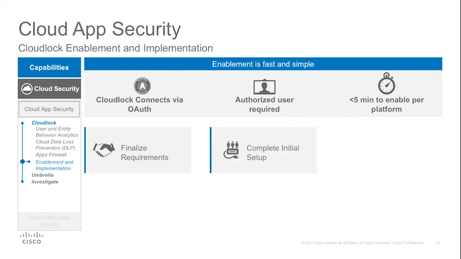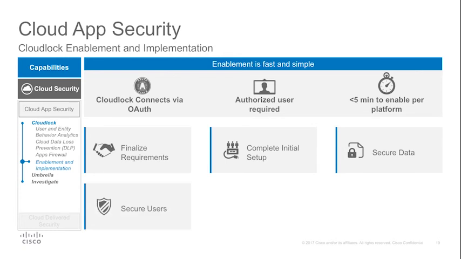Second, initial setup is required for identifying CloudLock administrators, determining personnel and technical requirements, gaining access to CloudLock resources, and logging into CloudLock. After setup, secure data by setting up initial policies, reviewing and testing policies, finalizing incident management workflows, and adjusting to reduce false positives.